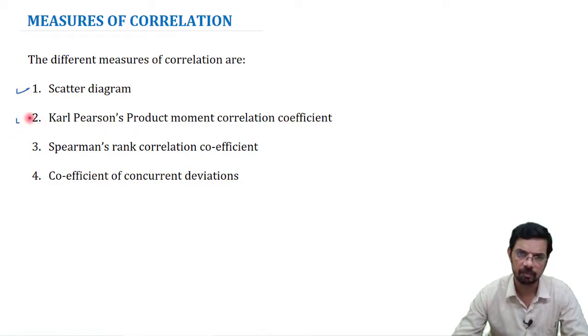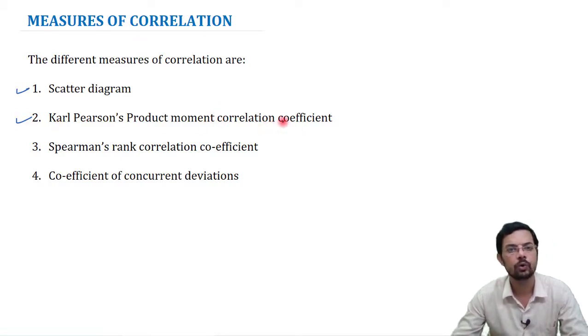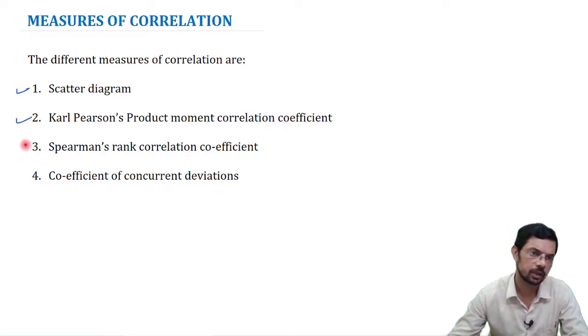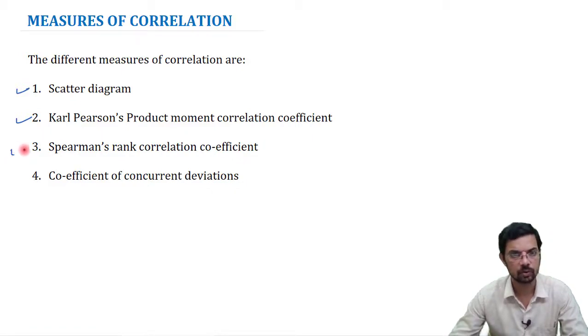Second one is Karl Pearson's product moment correlation coefficient, also known as the correlation coefficient or coefficient of correlation. Next one is Spearman's rank correlation coefficient, and then we have the coefficient of concurrent deviations.